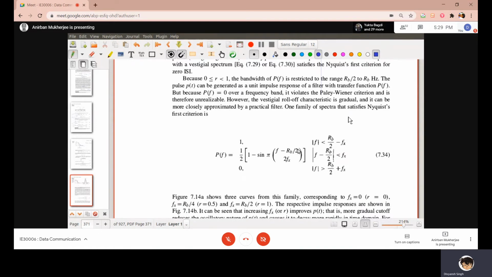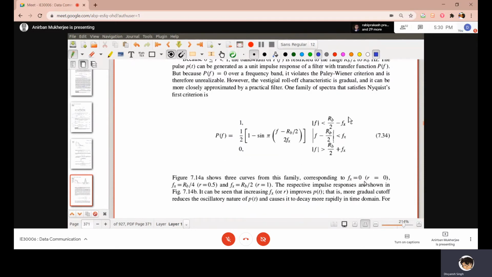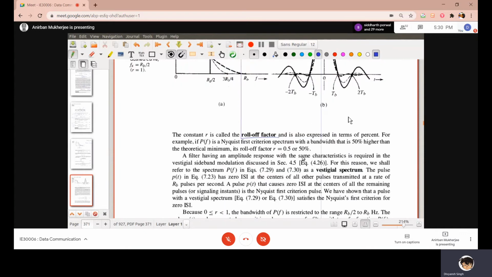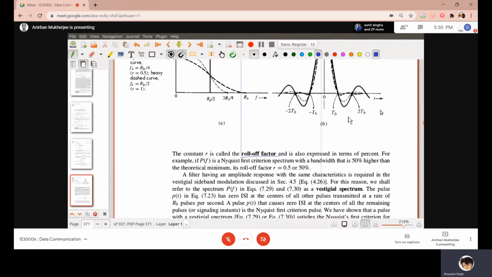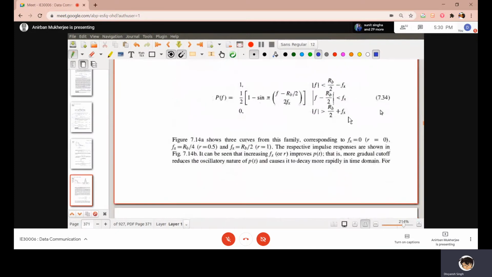With different values of fx, when fx equals 0, when fx equals RB by 4, when fx equals RB by 2, I have this type of frequency response and these types of pulses. It is like a sinc, a modified sinc-looking pulse.